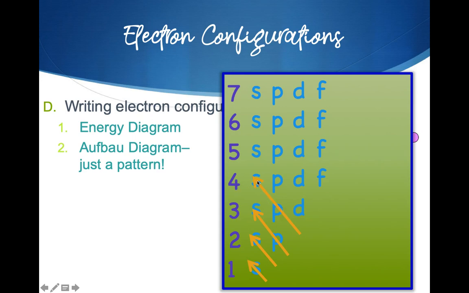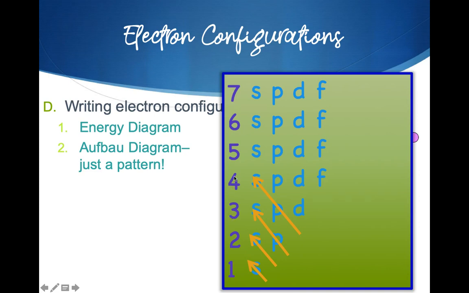A 4S is simpler than a 3D. Now, to clarify, the 4 is a higher energy level, but the 4S is not as complicated as a 3D. So the 3D takes more energy to fill. So to clarify, 4 is higher than 3, true.